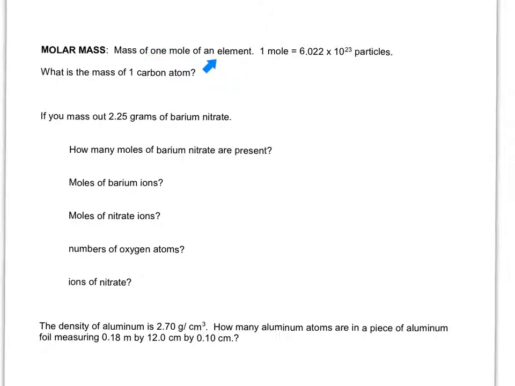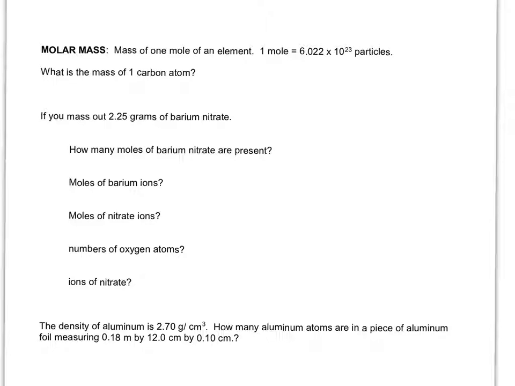So what's so great about this number, which we call Avogadro's number, is that if you look at the periodic table, the mass on the periodic table is the mass of one atom, if you take it in units of AMUs, atomic mass units. So carbon, for example, one atom of carbon would have a mass of about 12 AMUs.